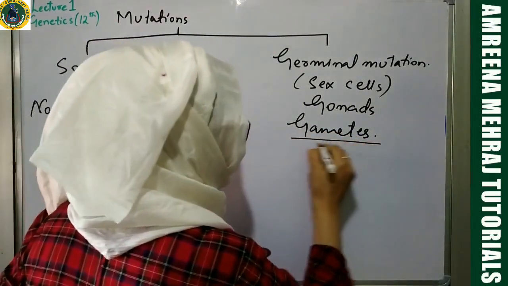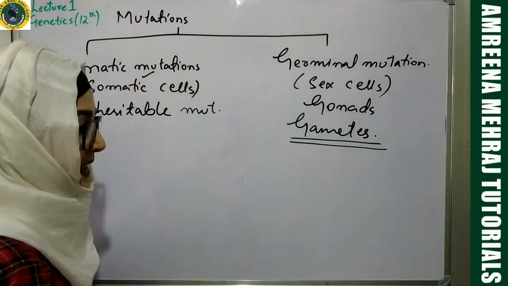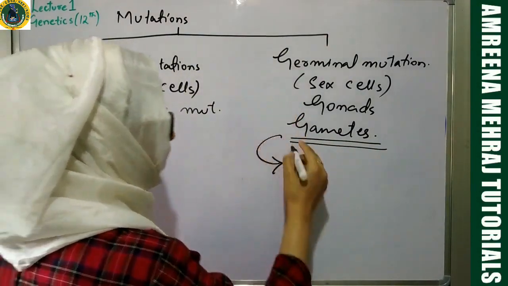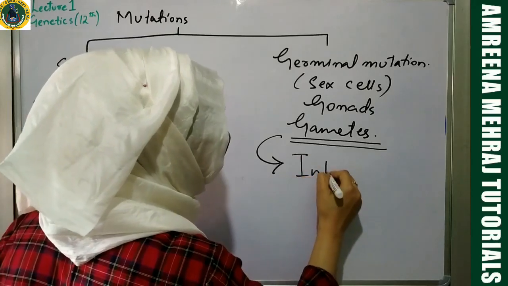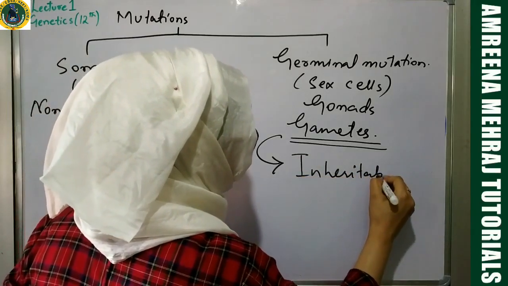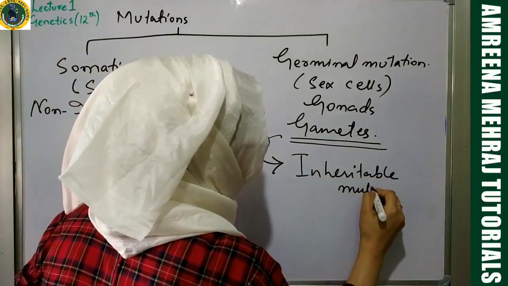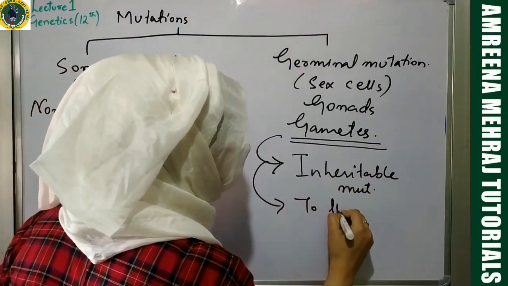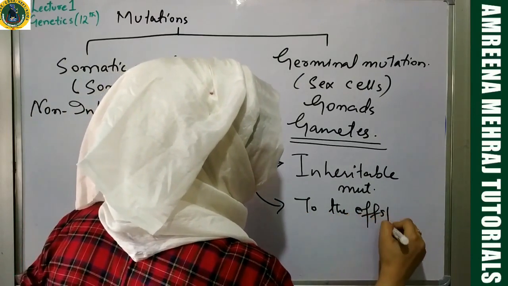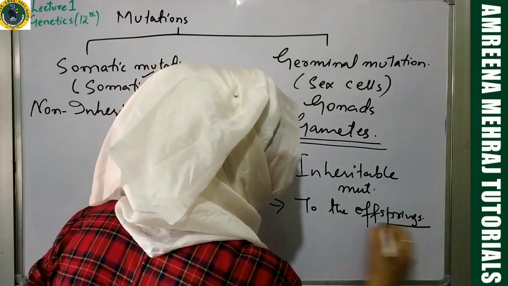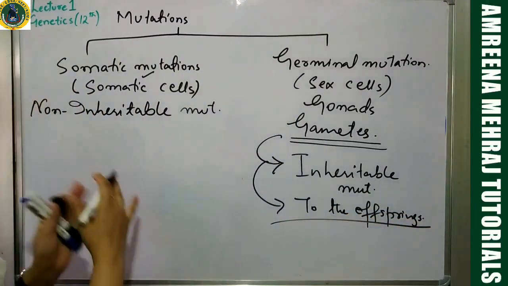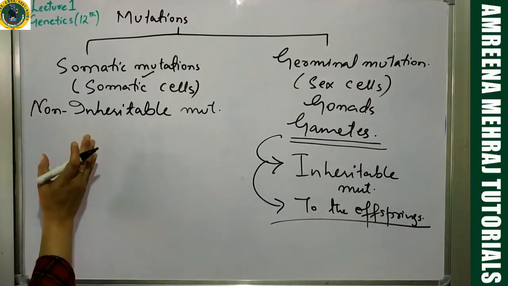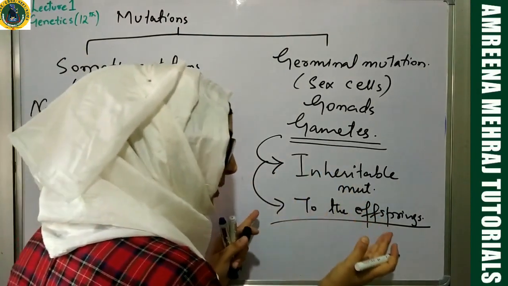So if any mutation happens to the gametes, that mutation is called germinal mutation, and that will definitely be an inheritable mutation which will be transferred to the offsprings. Okay, this is one way of classification of mutations, that mutations could be somatic, mutations could be germinal.